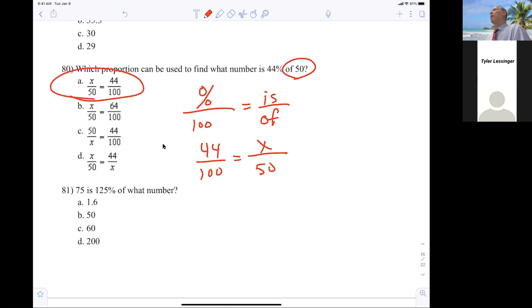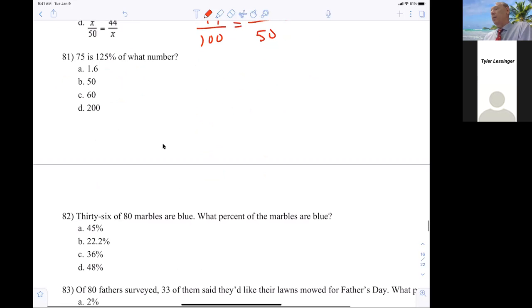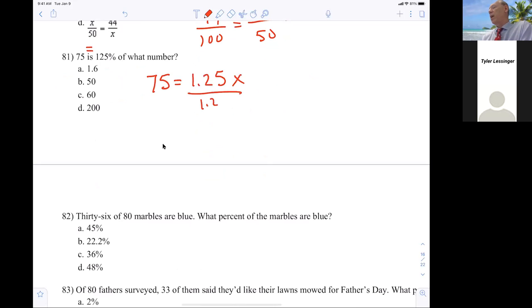Now, I don't like that method because I think you guys are going into algebra. You should know equations. So look at 81. 75 equals 125% written as a decimal is 1.25. Of means times. What number is your variable? And now we just divide by 1.25.